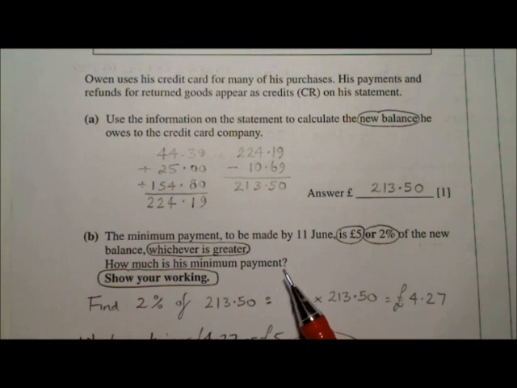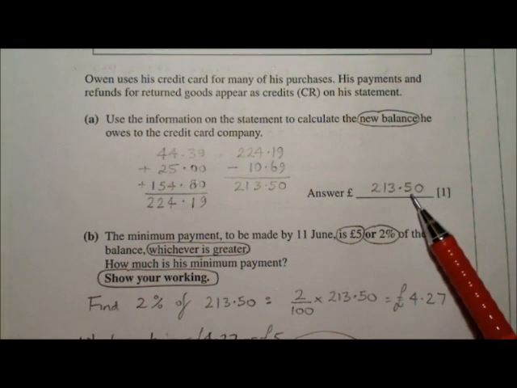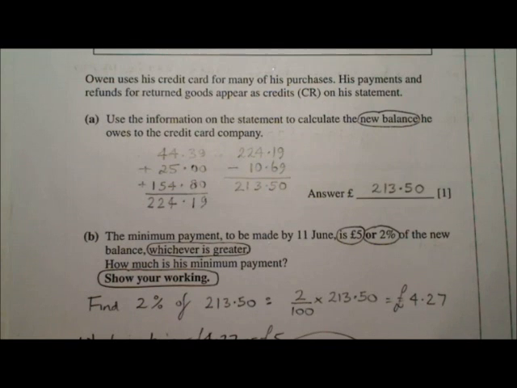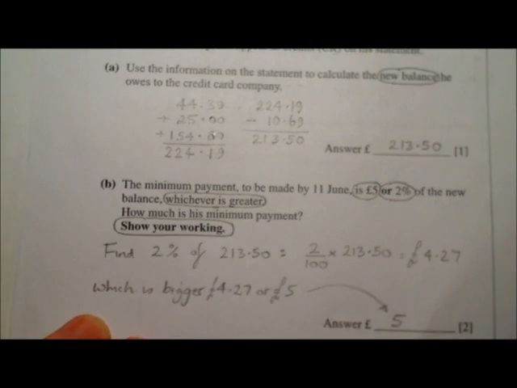We need to find out what 2% of this balance is. 2% of £213.50. So again, this is a calculator question. So 2% is 2 over 100 multiplied by 213.50, which is £4.27. So whichever is greater, we've got to either pay £5 or this amount here. The £5 is greater, so the answer is £5.